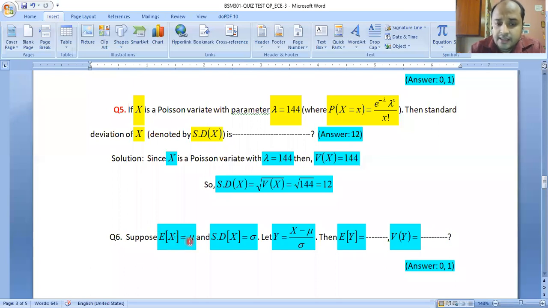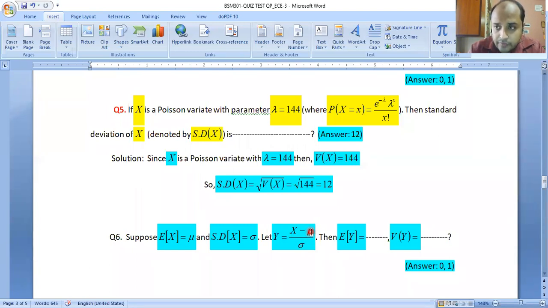Expectation of capital X is given to be mu. I am supposed to find expectation of the random variable y. Expectation of y is the expectation of this expression. Now, under this expectation, 1 by sigma is a constant, and a constant comes out of the expectation sign. So you can take 1 by sigma outside, and inside the bracket you get expectation of x minus mu.